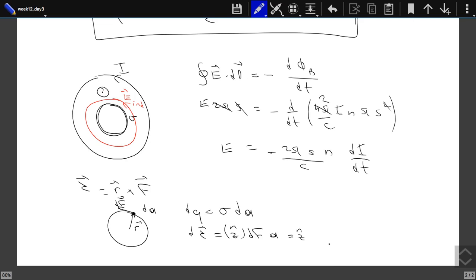Now dF is E, which is minus 2 pi s n over c dI by dt, times dq, which is sigma dA, times, okay, some bad notation, let me just change this to s, times A. A I use for the distance.